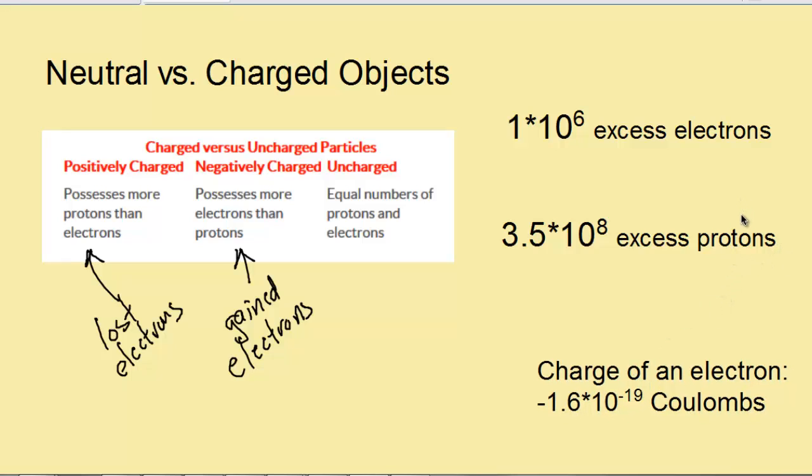So all you have to do is multiply 1 times 10 to the 6th by 1.6 times 10 to the negative 19. Let me do that real quickly. Now that I've multiplied that out, if you multiply 1 times 10 to the 6th by 1.6 times 10 to the negative 19, you get 1.6 times 10 to the negative 13 electrons.